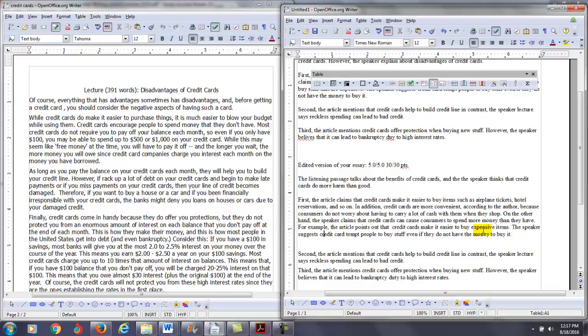The speaker suggests that credit cards tempt people to buy products even if they don't have the money to buy it. So that's pretty good. So that's a pretty well developed paragraph there. So I think we can move on.